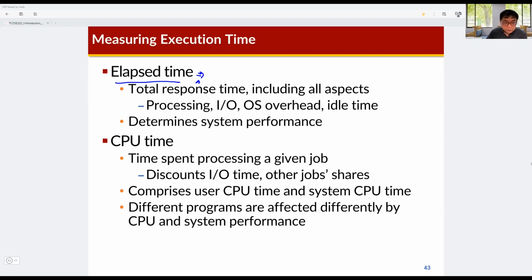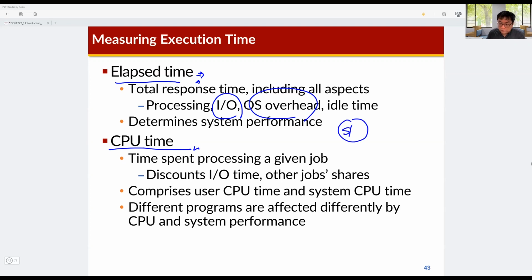So if we focus on the performance of a processor or a CPU, then we just measure the CPU time. CPU time means that we exclude these overheads.